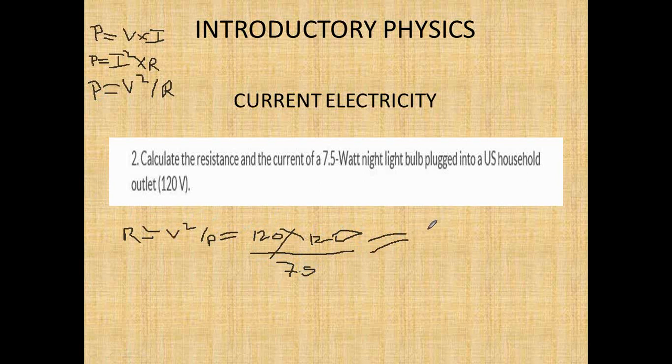That comes out to 1920 ohms. Okay. Remember, resistance is in ohms. So 1920 ohms when you do that. But you still have to calculate the current. But simple, you can now use your Ohm's law equation, V is equal to IR.